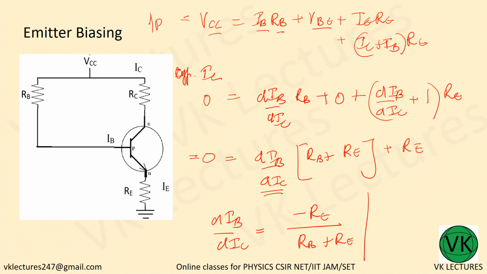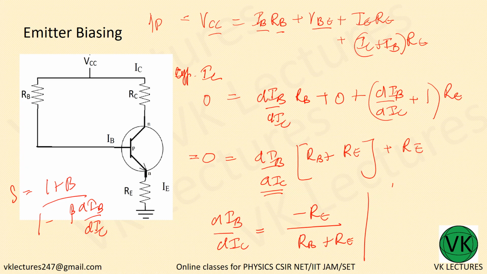Now stability factor S is equal to 1 plus beta divided by 1 minus beta into DIB by DIC. So what is that?